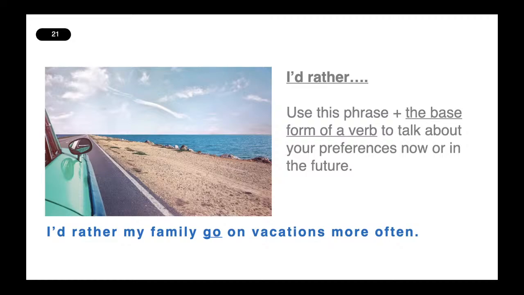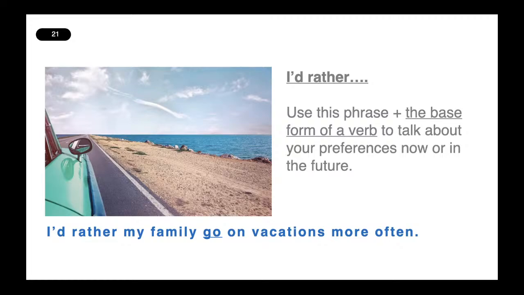I'll write my example here. I'd rather he pay me back now. So I wrote this example. I'd rather he pay me back now, because I want you to see that even though it's he, which is a third person singular, we don't say he pays.